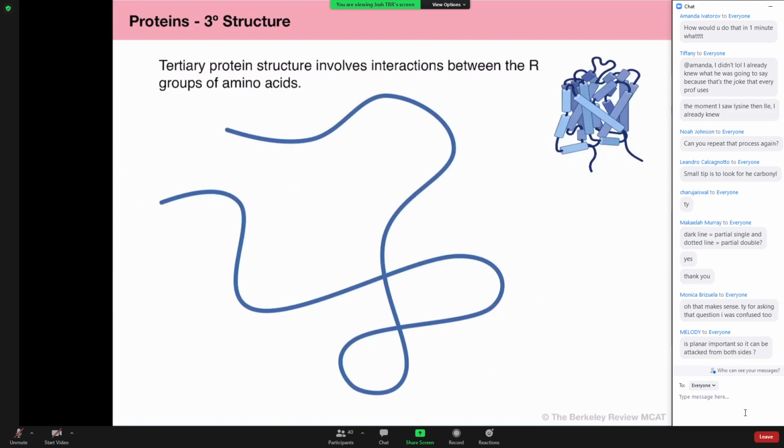Okay, so tertiary structure, right, is actually talking about the interactions between the R groups of the amino acids. Okay. So what are some of these? Okay. You could have ionic bonds. So you could imagine, right, like if you had a residue, CH2, maybe 2, right?